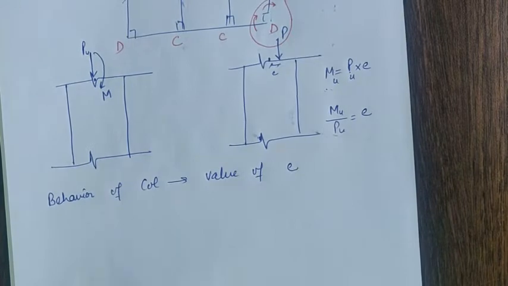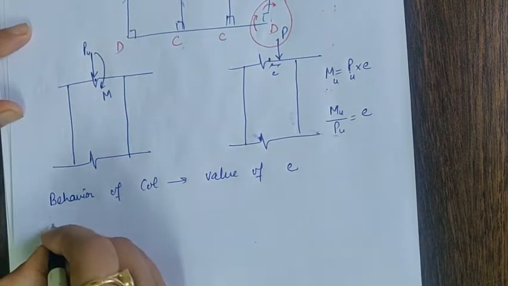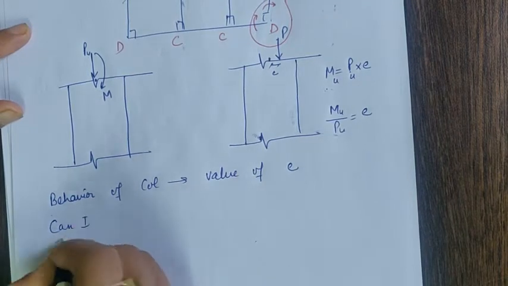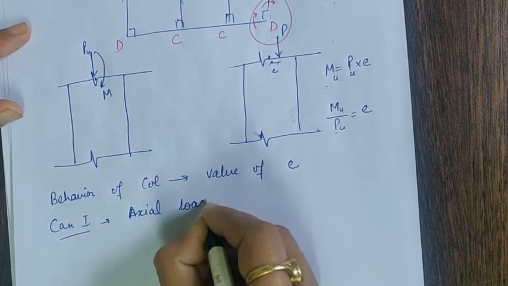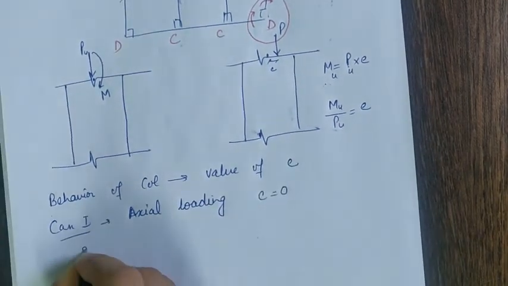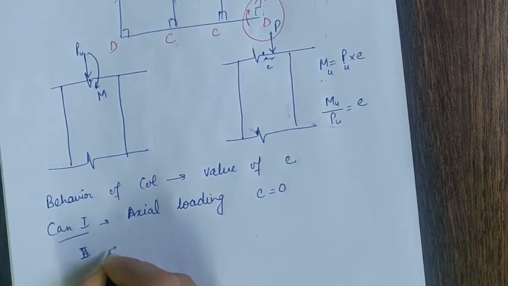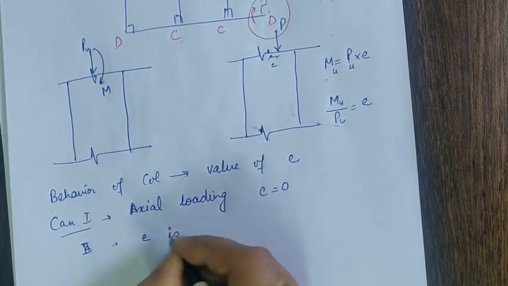Based on that, we have four cases in which the column is going to behave. Case number 1 is the axial loading case, where eccentricity is 0. Case number 2 is when eccentricity is small.